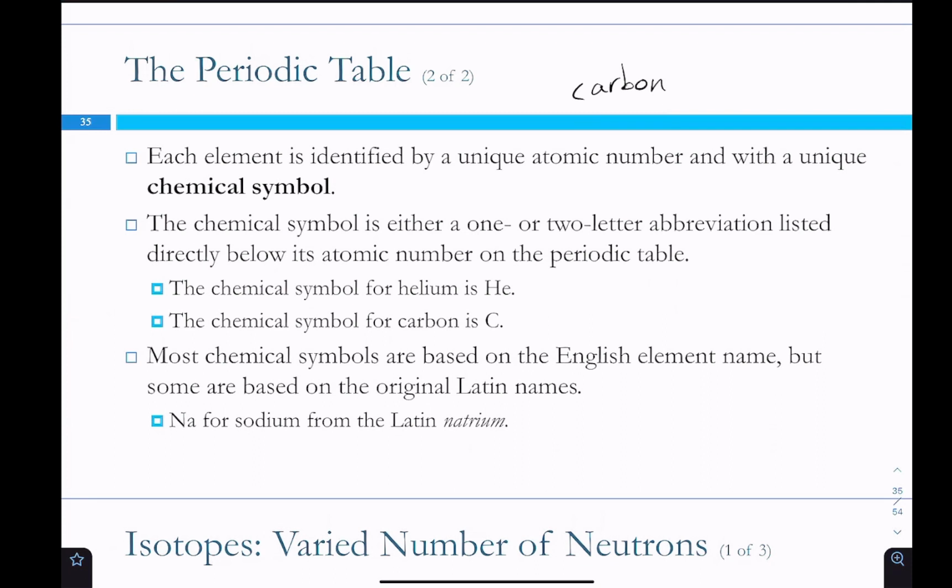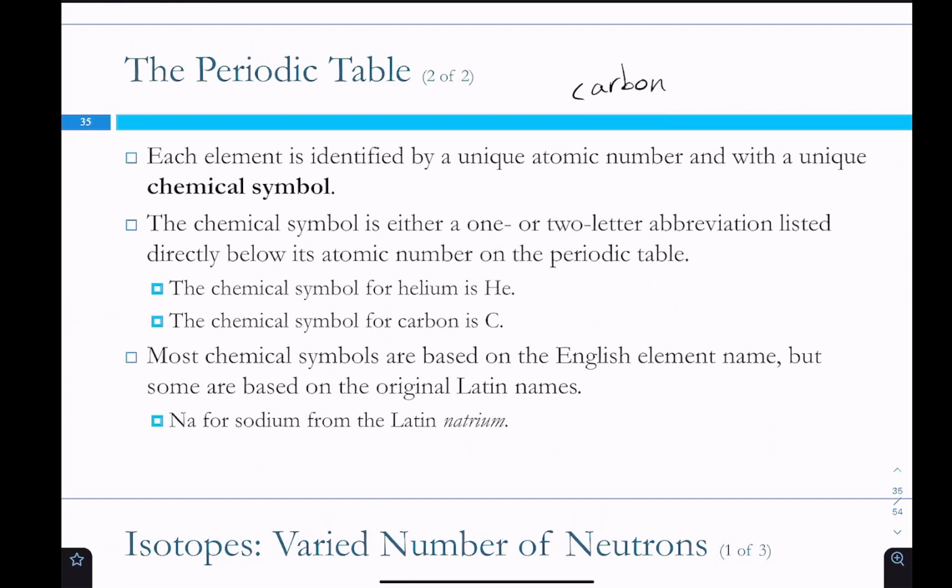The other thing is that for these chemical symbols, the first letter has to be capitalized, and the second letter has to be lowercase. They can't both be lowercase or both be capitalized. And that's to prevent situations where, if you write 2 capital letters next to each other... oh, here's one.